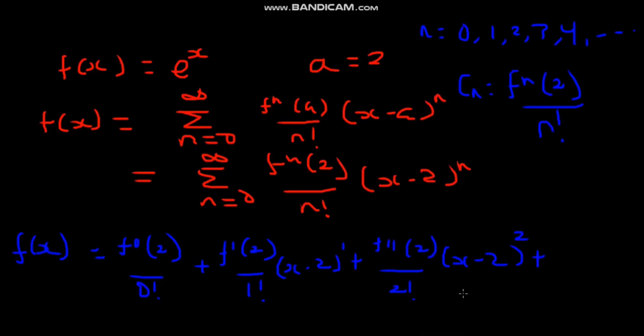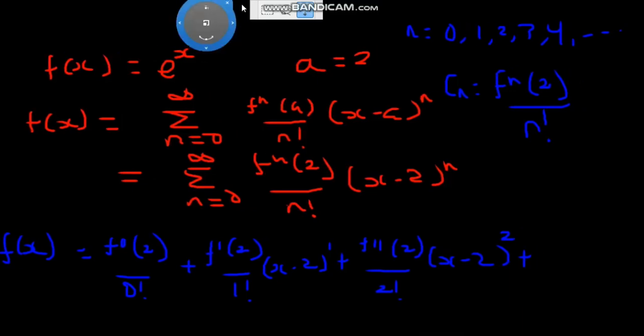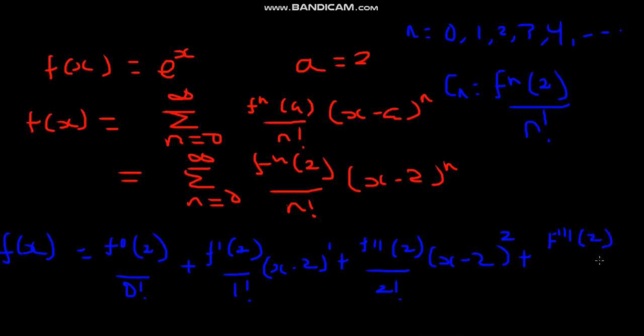So let me write this part down here. Plus the third derivative of the function at 2 over 3 factorial, multiplying x minus 2 to the power 3.